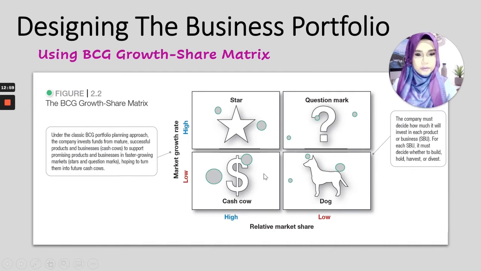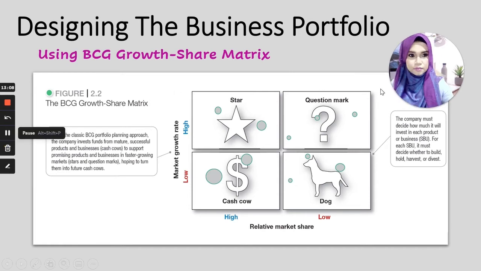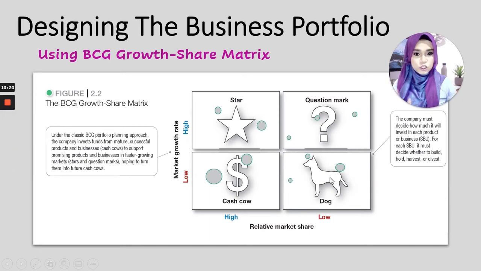So there are four terms that you can see here: the dog, the cash cow, the star, and the question mark. So let's look at the dog first. The dog means that it has the product or the SBU, remember the SBU just now, the strategic business unit.